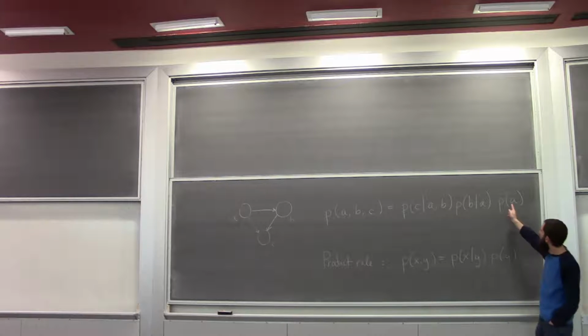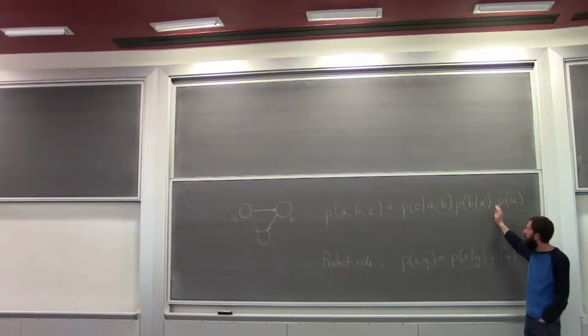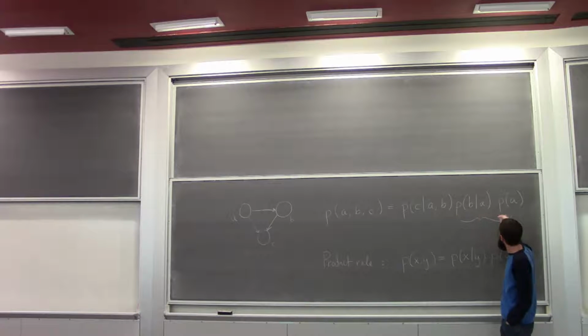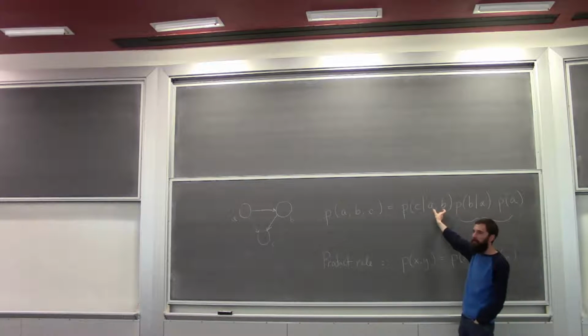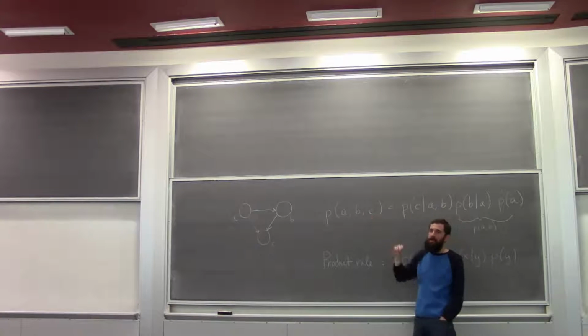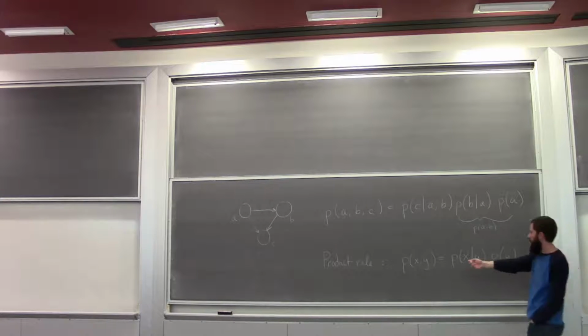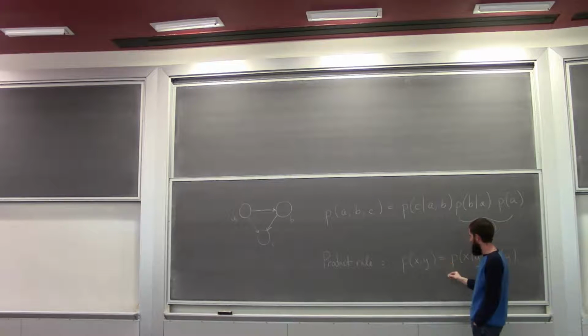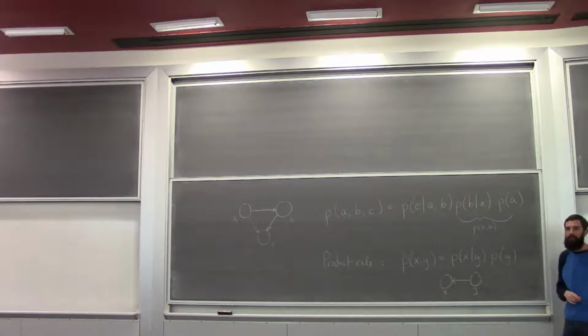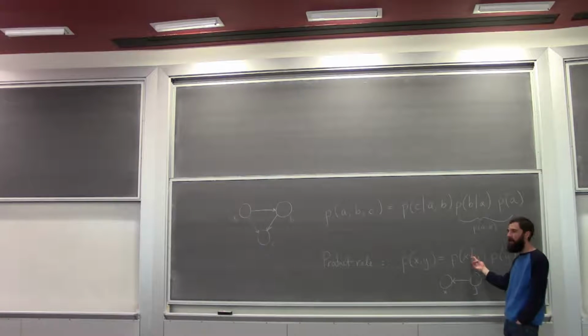If I multiply P of B given A by P of A, I get the joint P of A and B, and then that factored together with P of C given A and B gives me P of A, B, C. I could point out that this simple product rule is just a graph too: x given y is that graph, and if I flip it, y given x and then P of x, the arrow just flips.